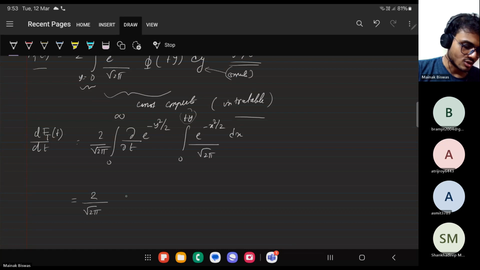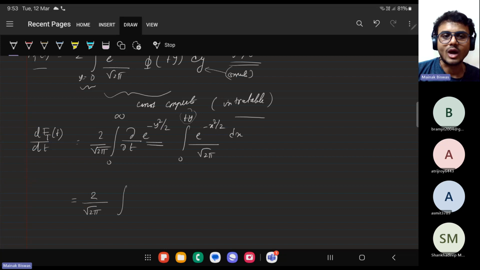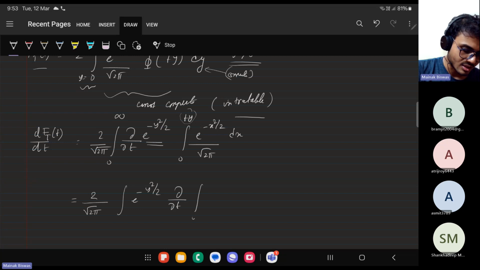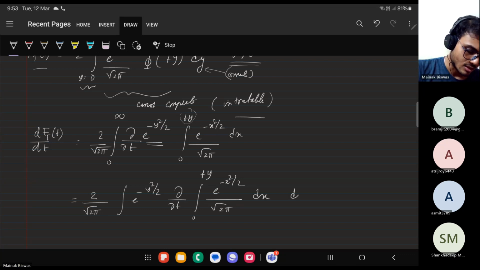Okay. So now what will I do? Again, it's a partial derivative. This y doesn't depend on t. So it's e to the power minus y square by 2, d by dt of the integral from 0 to ty of e to the power minus x square by 2 by root 2 pi dx. Now can I solve the integration?